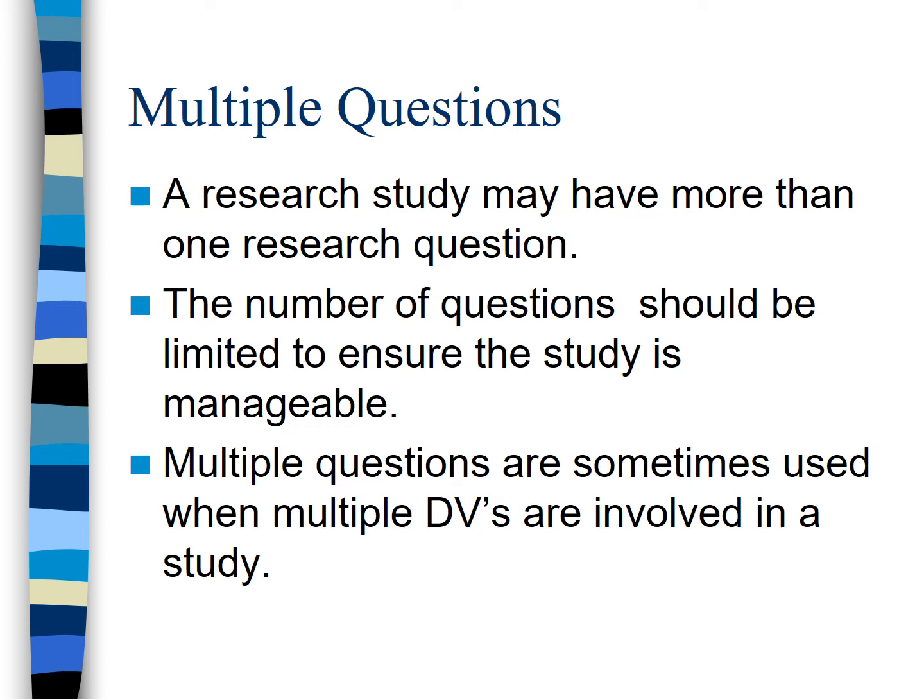Don't get carried away. I know from being on dissertation and thesis committees, sometimes students come up with way too many questions to be involved. Usually you're going to have a research question related to each of your dependent variables.